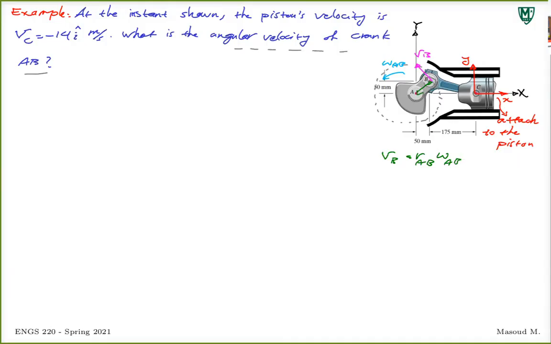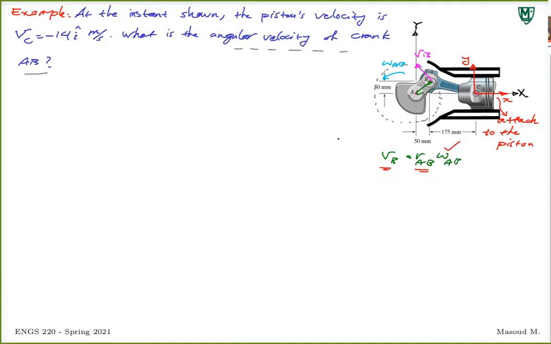So if I can find VB, and I know R_AB, I can find the angular velocity of this link AB. That's why studying point B is useful: once I find this velocity, I can use it to find the angular velocity of this crank AB. That's just some steps forward to get a sense of why we are focused on that.